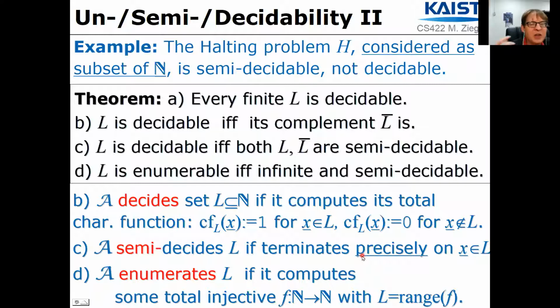How can we turn that into an algorithm that always terminates, because that's a requirement for being decidable, and furthermore, an algorithm that actually decides the set?